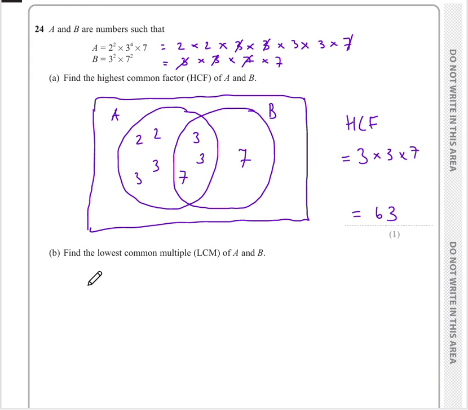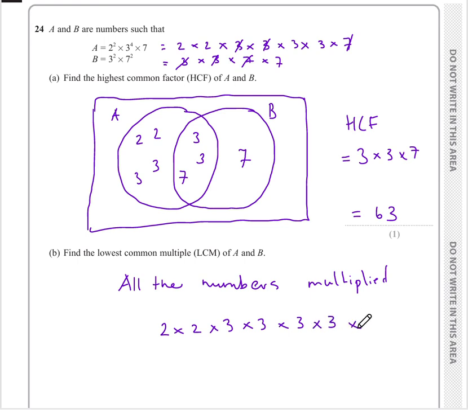And for part B, the lowest common multiple of A and B. That is all the numbers multiplied. So all the numbers we can see here, it's going to be 2 times 2 times 3 times 3 times 3 times 3 times 7.